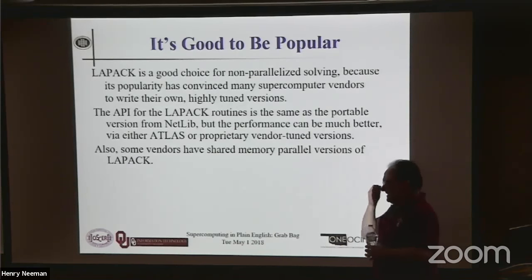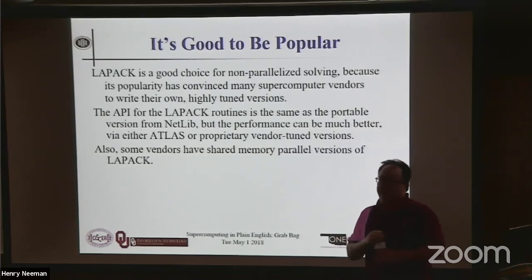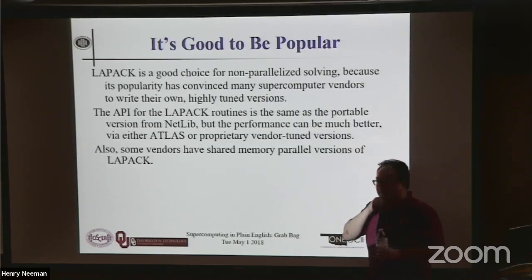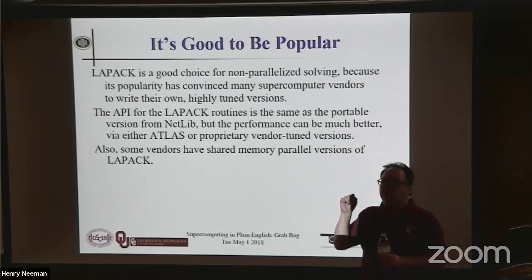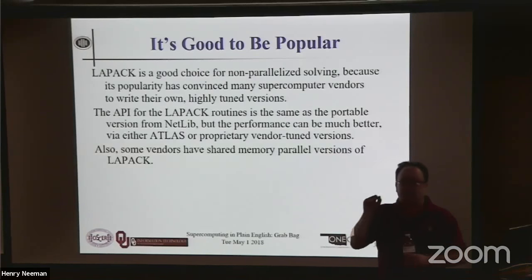Okay. And so here's another thing. Things that are popular are good. Not because they're popular, but as a side effect of being popular. In particular, software that is popular is good because it's well tested. So consider, for example, the difference between Ethernet and InfiniBand.